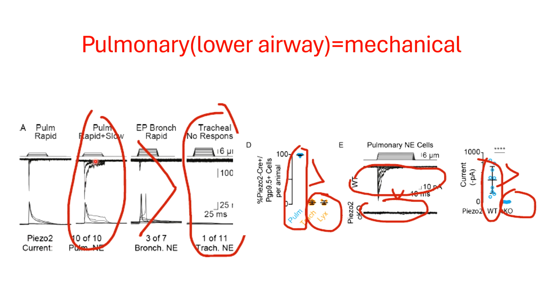As you can see here in the lower airway, pulmonary, we have a recording in the piezo receptors, whereas these recordings are absent in the upper airway. And this again shows the same thing. In the wild type lower airway, there are high recordings, whereas in the knockout, there is no recording.